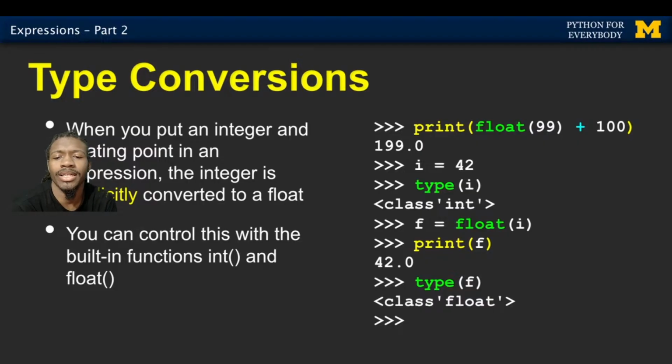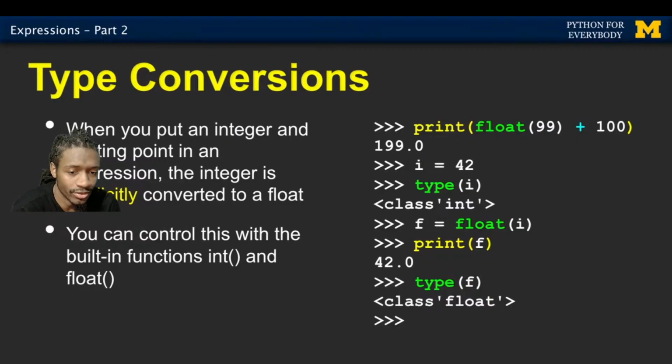You could put an integer and a floating point in an expression. The integer is implicitly converted to a float. 99 plus 100 would be 199, but since you're saying you want it to be a float, it will be 199.0.